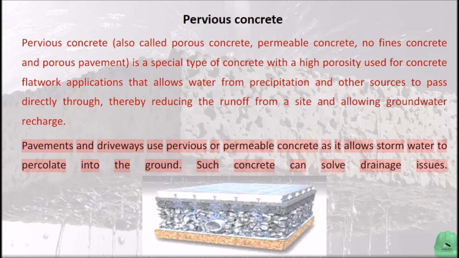Pavements and driveways use pervious or permeable concrete as it allows storm water to percolate into the ground. Such concrete can solve drainage issues.